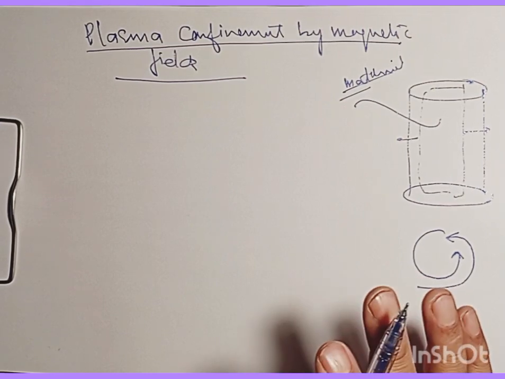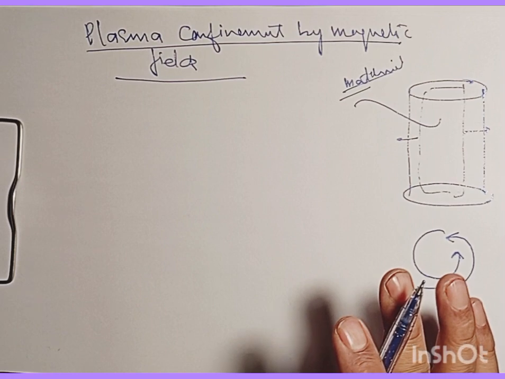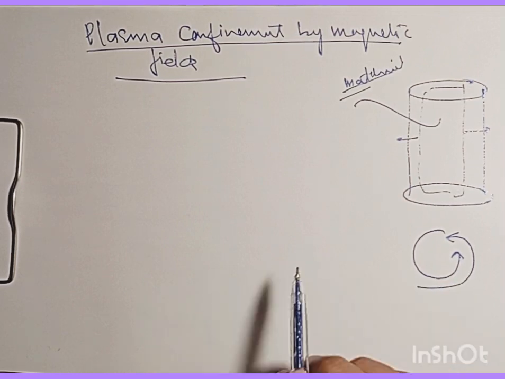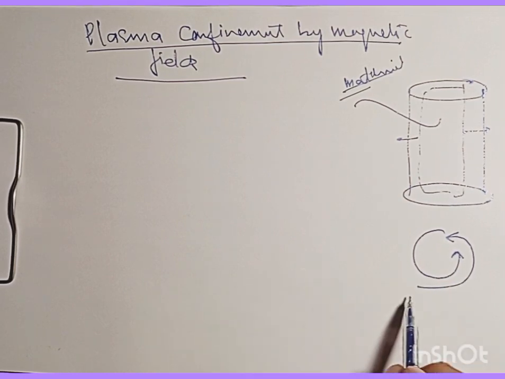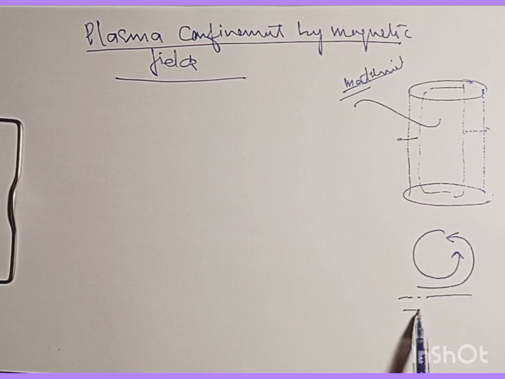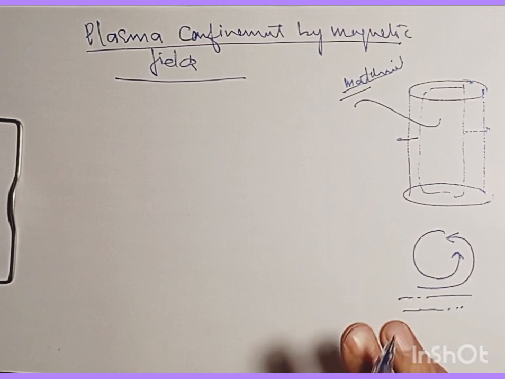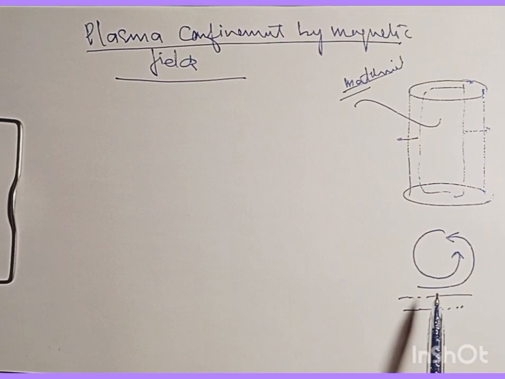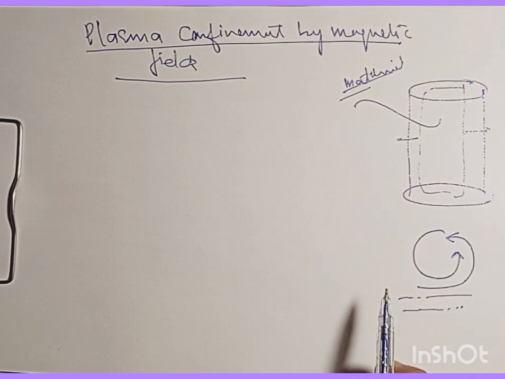Apart from the effect of collision, the ions and electrons remain tied to the field lines, so they can move parallel to the lines of force.